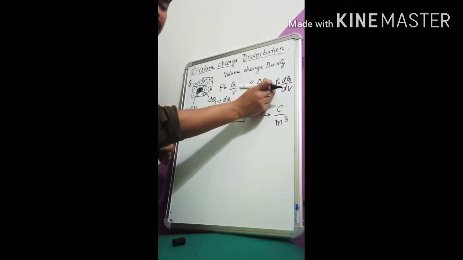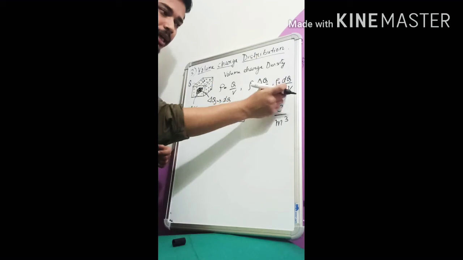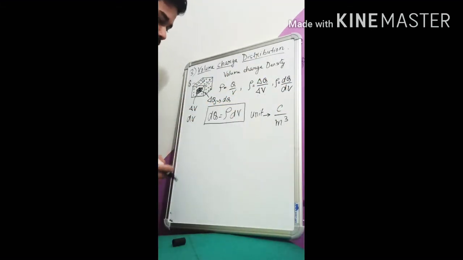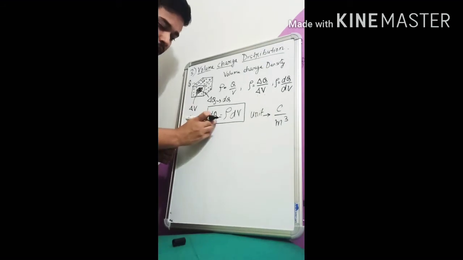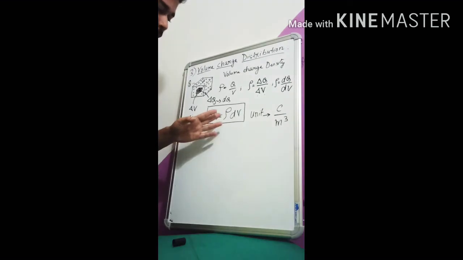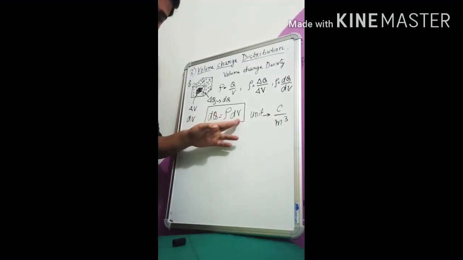For that element, the charge density will be dQ divided by dV. If we cross multiply these two quantities, we get the total charge present in that small volume element, which is equal to rho into dV.